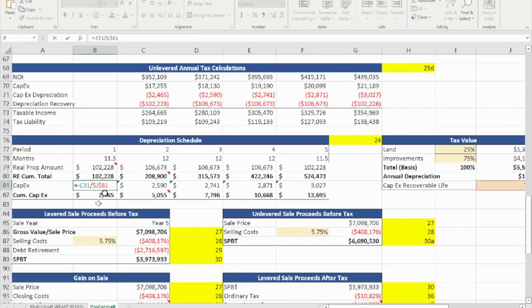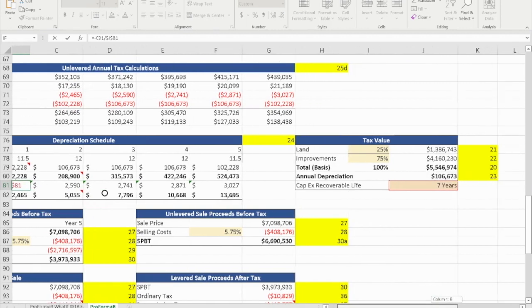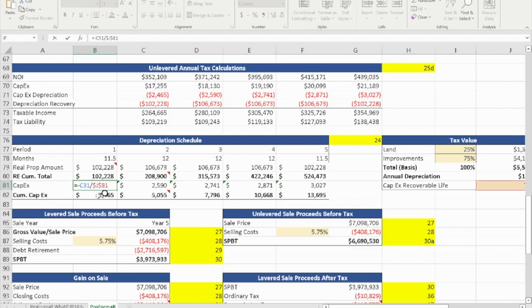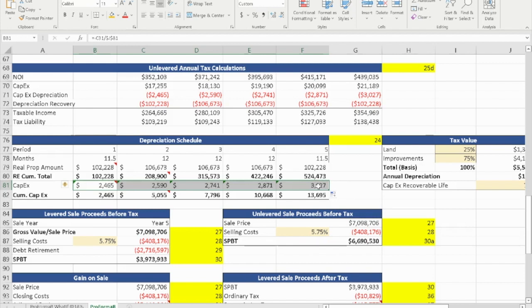So you're going to use this formula: equal negative the CapEx above, so you can make that number positive, divided by 7 years, which is, again, the recoverable life for the CapEx. If you anchor only that, you will be able to drag it across and get the CapEx depreciation for all the years ending in year 5.